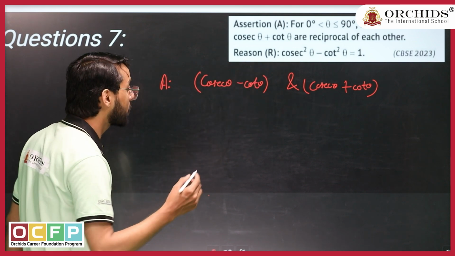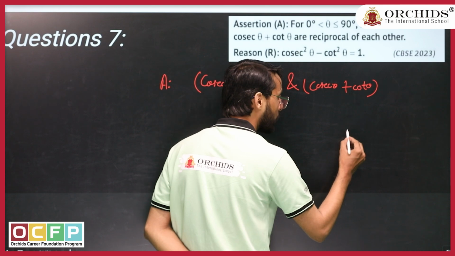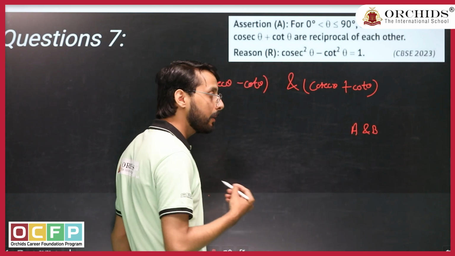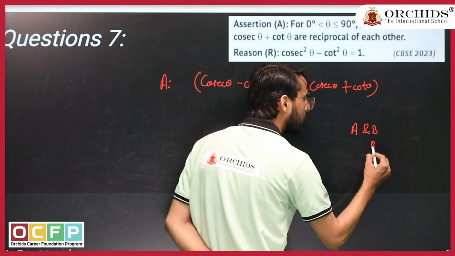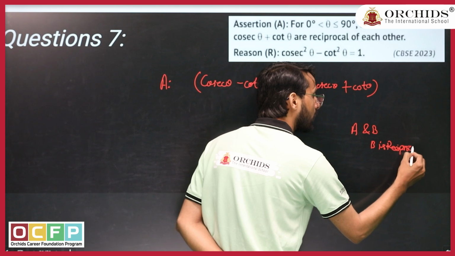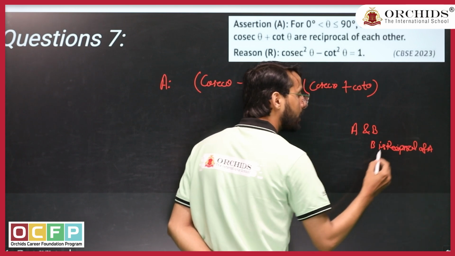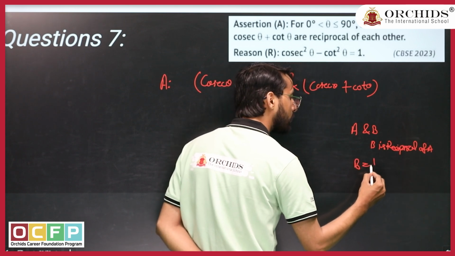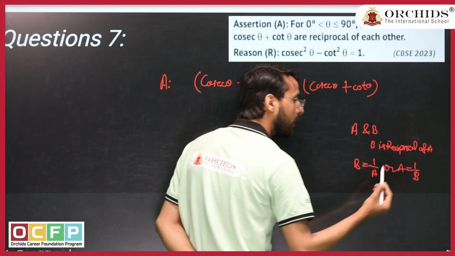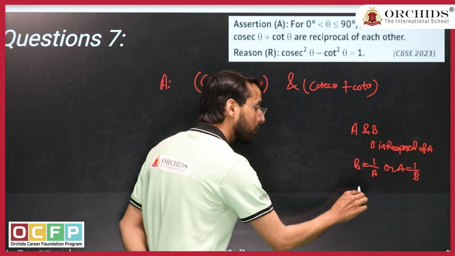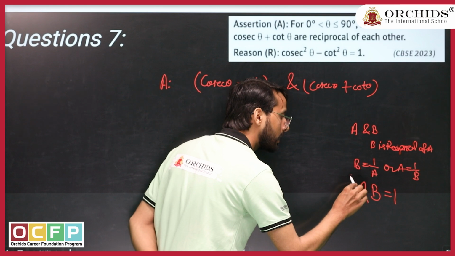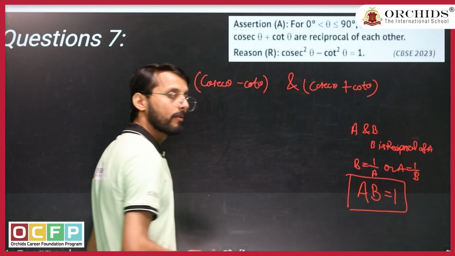What do we know about the reciprocal? Suppose A and B, 2 terms are there, and I am telling that B is the reciprocal of A. It means I can write B equals 1 by A, or A equals 1 by B. Reciprocal means if I am doing the product of those 2 terms, my answer should be 1.